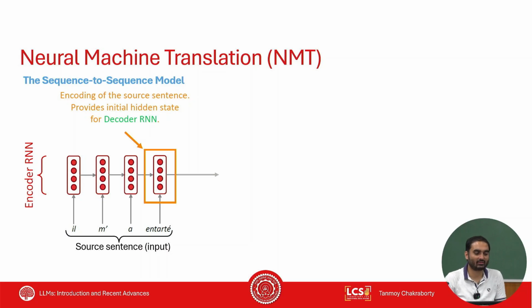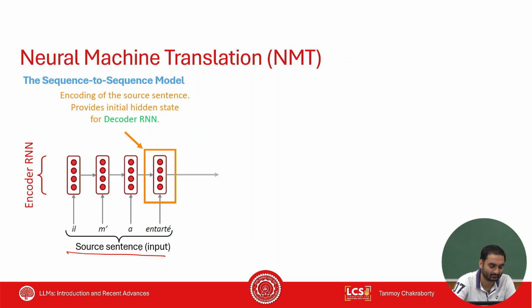Okay, so let's look at this machine translation problem for the time being. In a sequence to sequence model, since there are two sequences involved, input and output, we will use two RNNs, right? One RNN will process the input, another RNN will process the output. Okay, let's say this is the French sentence. I'm not able to pronounce it at all. I don't know French.